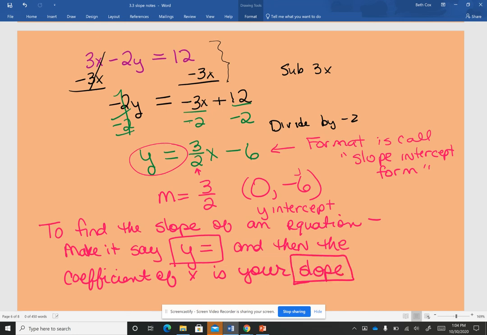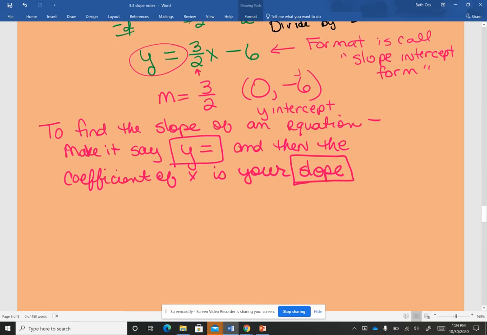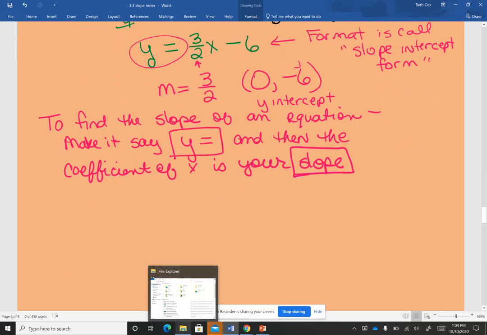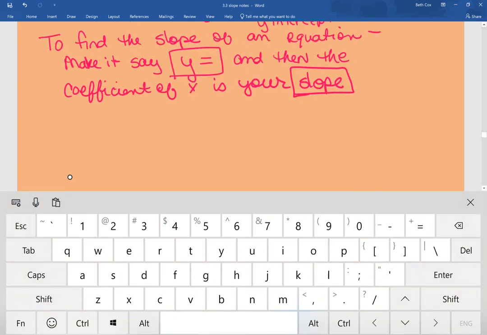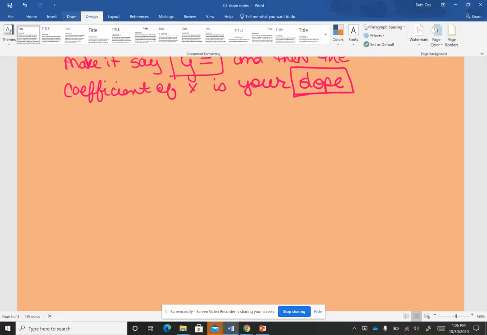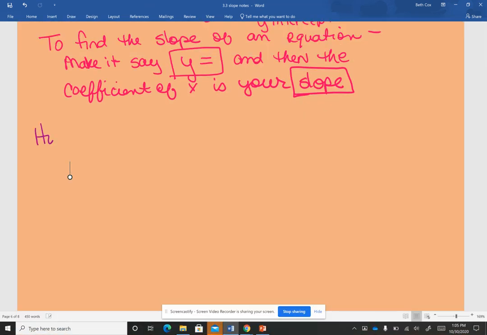Okay, now something to remember in case you forgot. What about those special lines? What about horizontal lines? Okay, let's look at horizontal lines. Horizontal, what's the slope of a horizontal? Go back all the way to the beginning. Horizontal lines, the slope is 0. Okay, go back to the beginning.